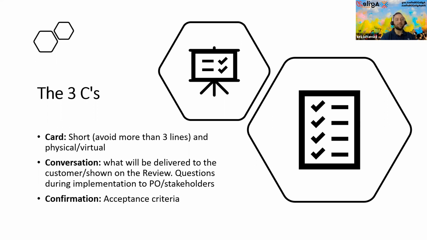The confirmation is the acceptance criteria for the user story, and it's absolutely essential, because without acceptance criteria we can't say, okay, we're going to perform some work on this story, but how do we know that the story is accepted by the customer? No way to do that until we have the acceptance criteria in place. That's where the product owner should work with the stakeholders in order to identify these acceptance criteria. Okay? Any questions about that?